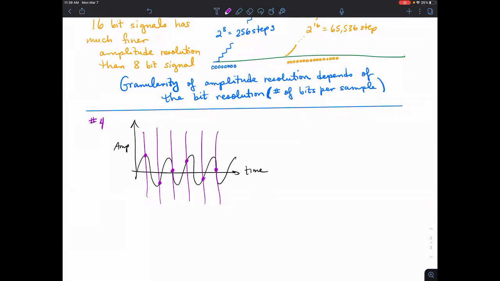Now, if you miss some of the ups and downs, you're not going to actually be able to reproduce this wave.